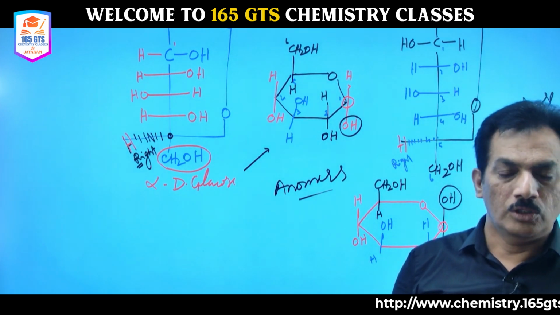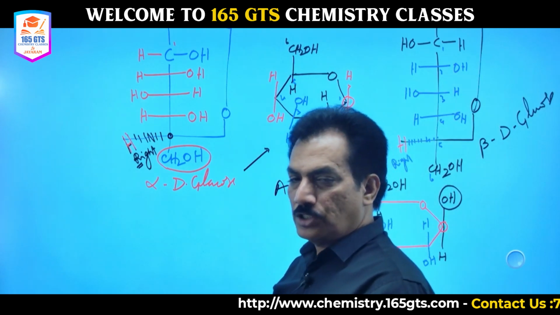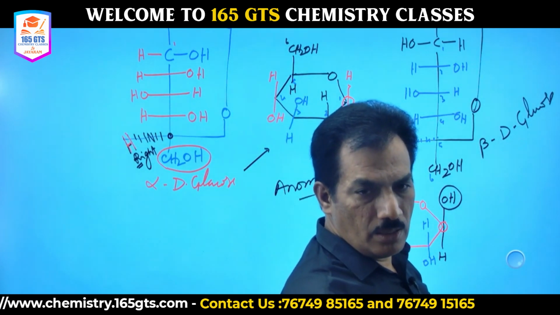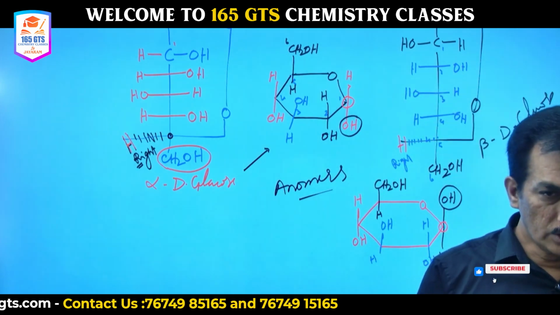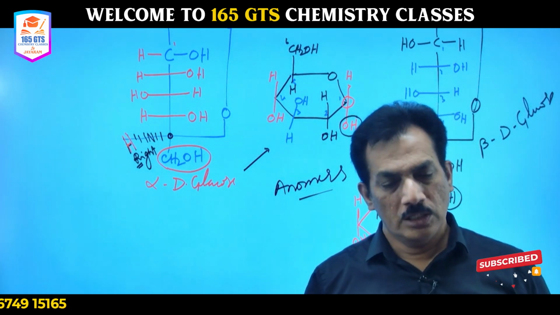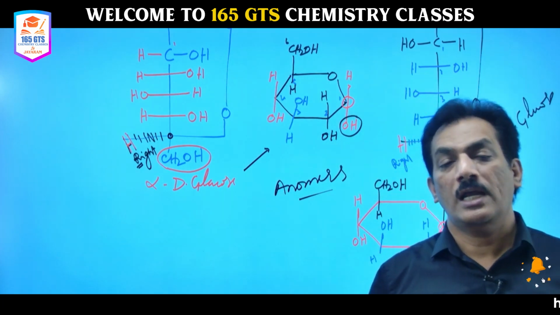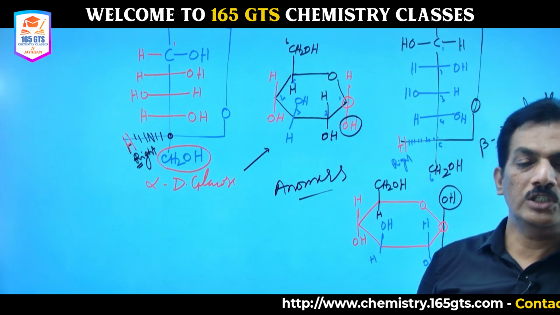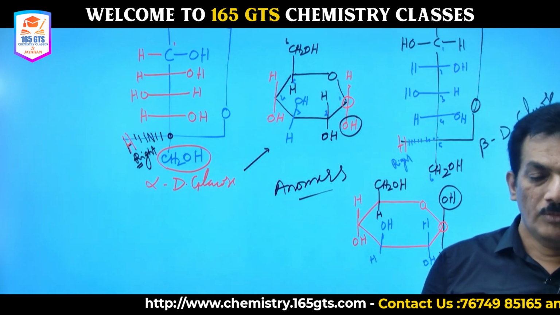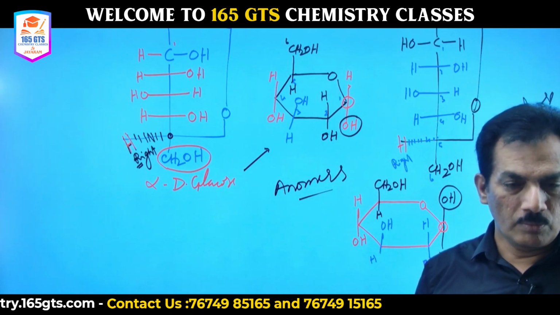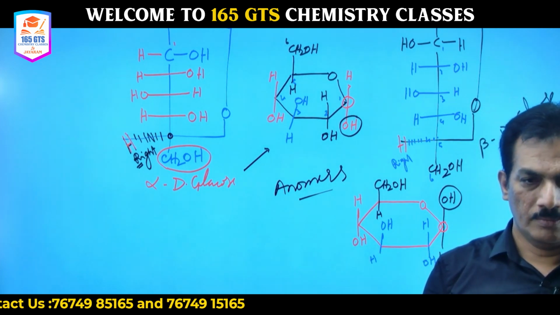And now, the answer for mutarotation is established because alpha D glucose has a specific rotation of plus 111 degrees, and beta D glucose has plus 19.2 degrees. Even though they have independently different specific rotations, when either of these two is dissolved in water, they establish an equilibrium among the three forms: alpha form, beta form, and open chain.